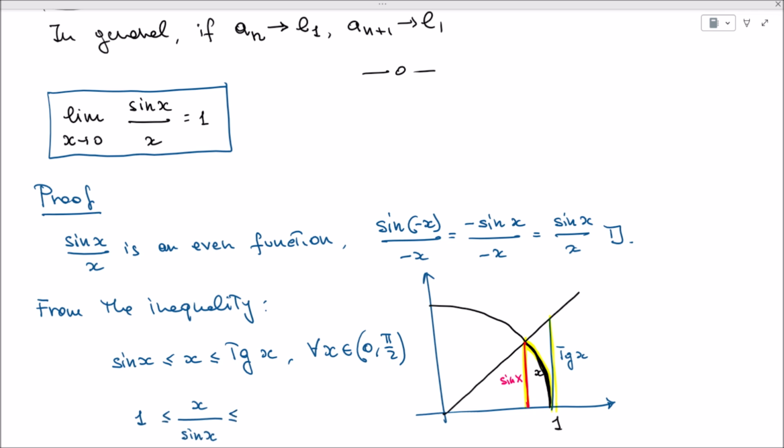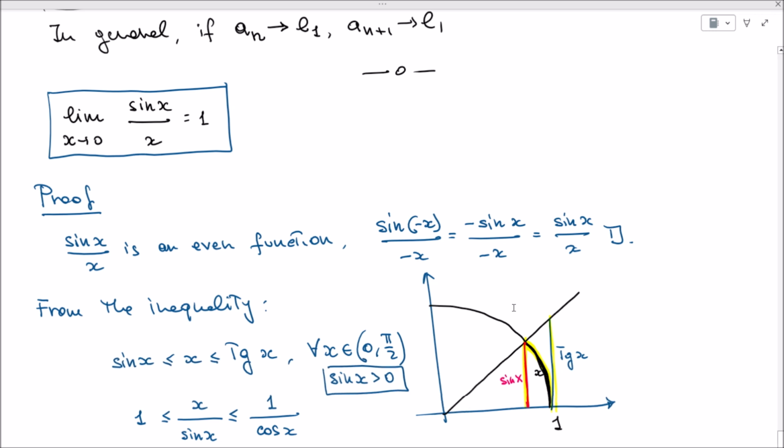Remember that tangent of x is sine of x divided by the cosine of x, but if we divide by sine of x, the only thing that we get is 1 over cosine of x. So we have this new inequality. Remember that this is because sine of x is larger than 0 in this interval, so the inequality still holds with the same signs.